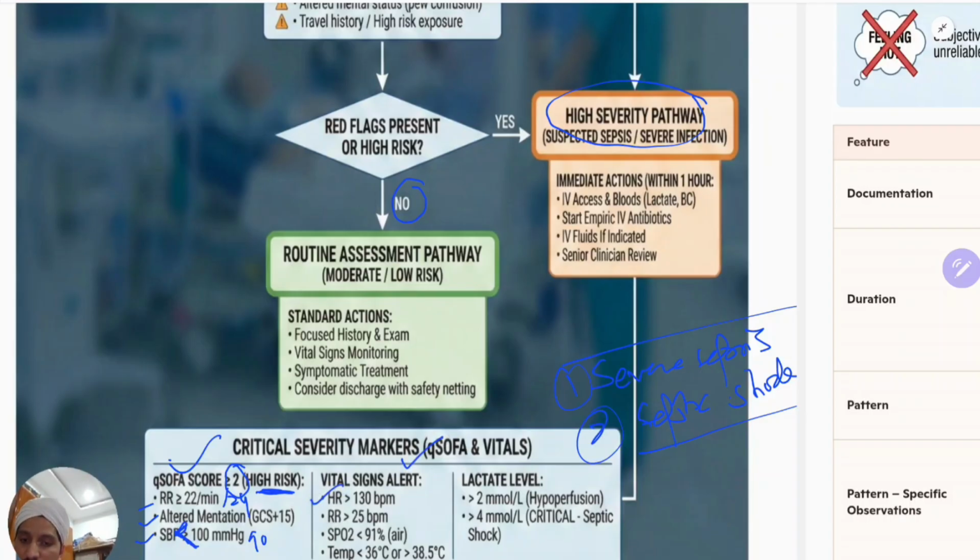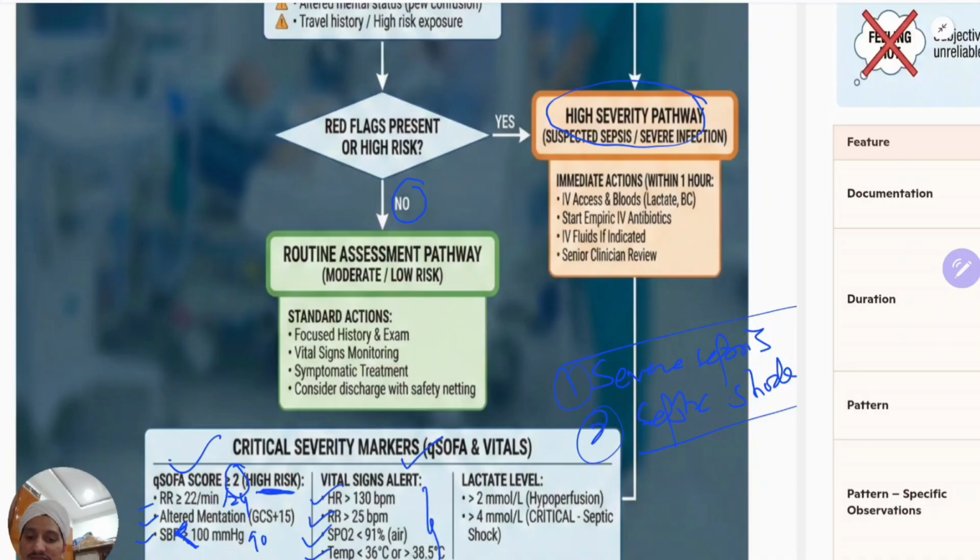Or you will see vital signs. If heart rate is more than 130 beats per minute, that is high risk. Respiratory rate more than 25 per minute, or 24 per minute you can take. Saturation less than 91% at room air, or temperature less than 36 or more than 38.5.